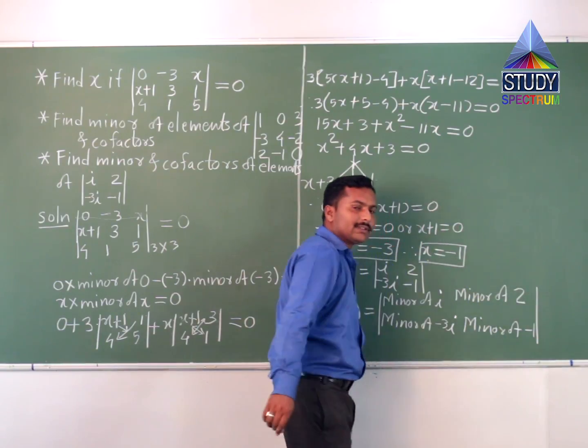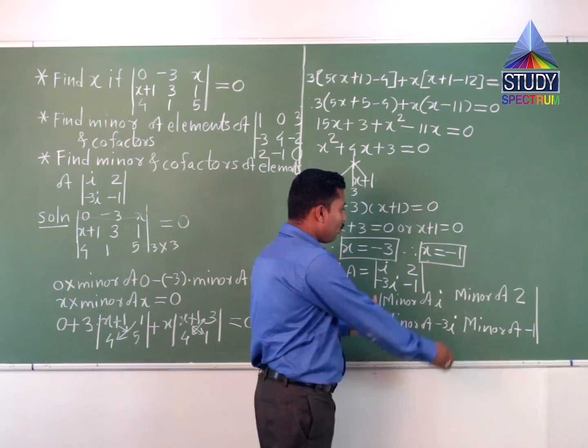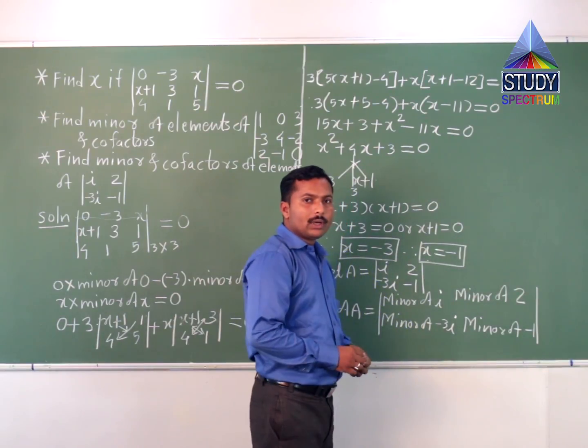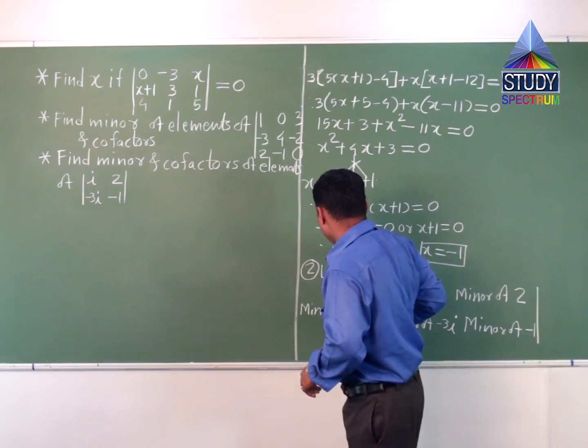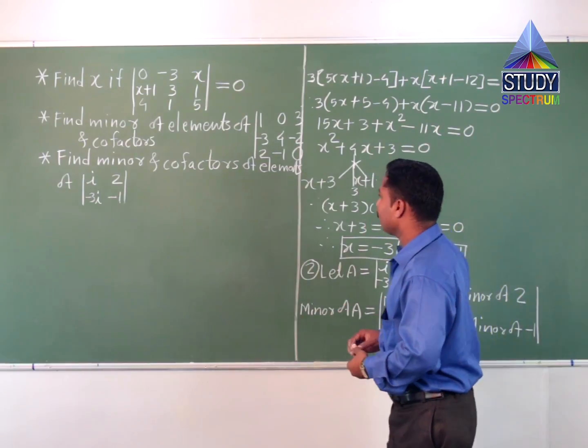So you can write this separately without taking a determinant. So we find the separate minors.